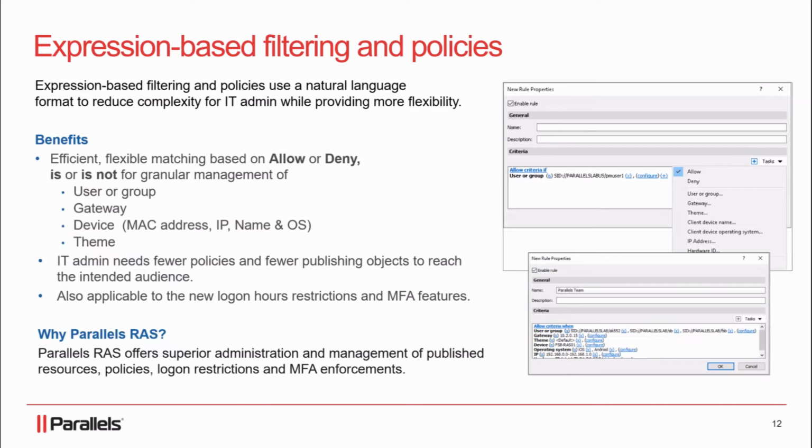Very powerful in that a rule is made up of a set of conditions. And those conditions, if they're met, can either allow the user access to the resource or deny. The way it works in practice is that each rule is evaluated from top to bottom. Multiple rules can be assigned to a resource.